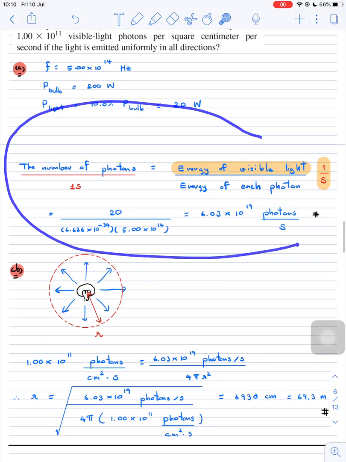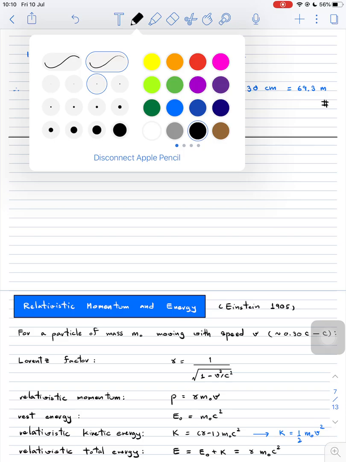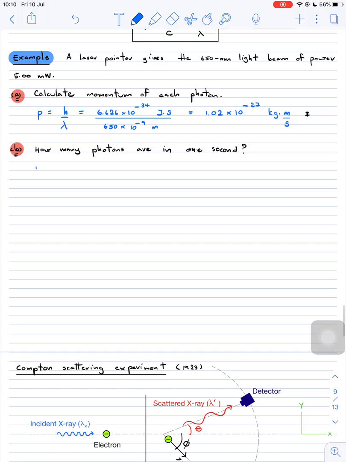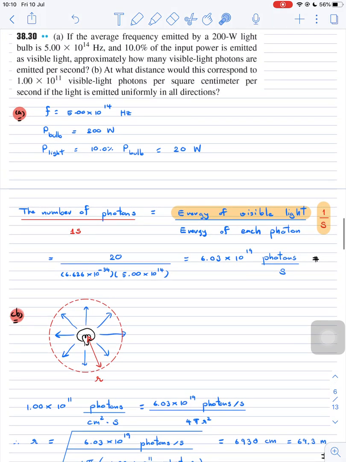The number of photons per second equals the power of the light over the energy of each photon.